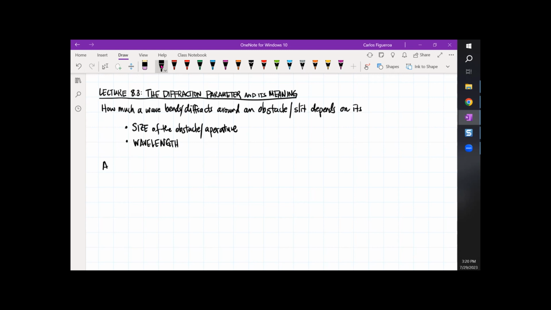A wave bends most around an obstacle when the size of the obstacle is comparable to the wavelength.